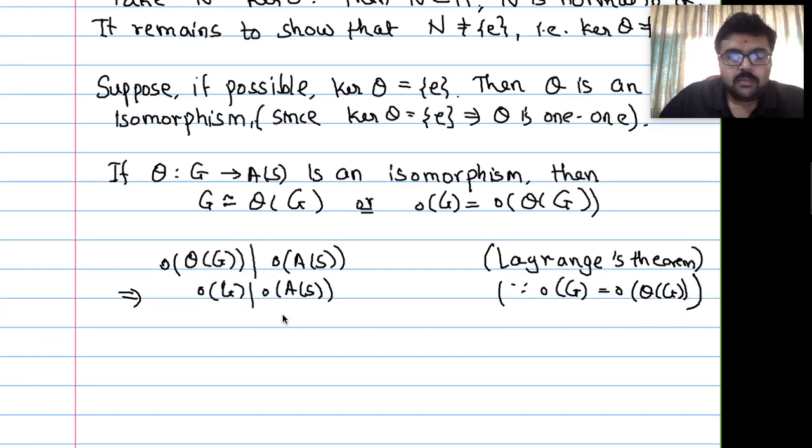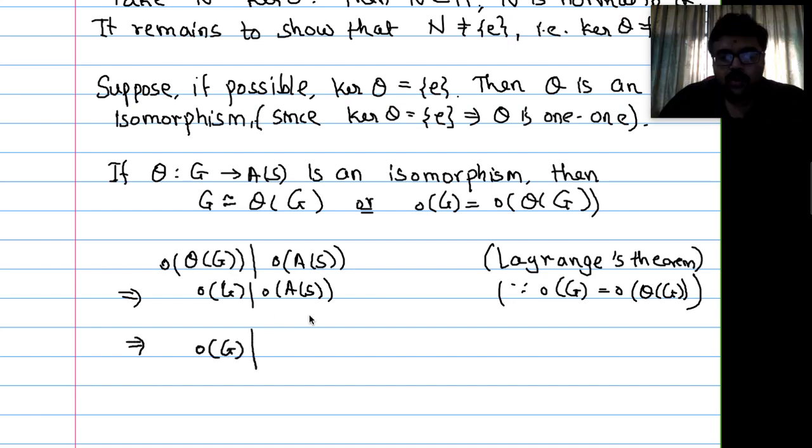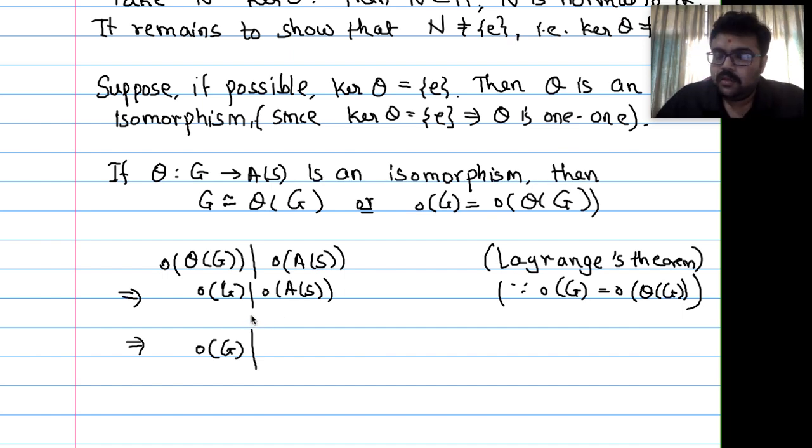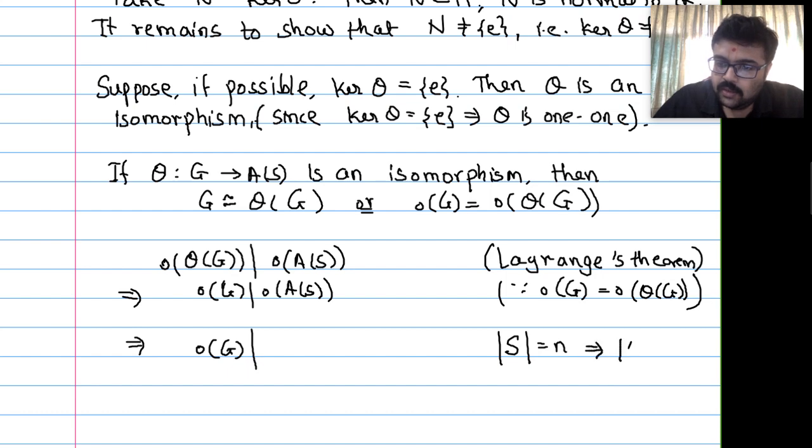Okay, so therefore order of G divides, what is order of AS? What is the order of AS? If S has n elements, if cardinality of S is n, we know that this implies order of AS is the number of 1 1 and onto functions, which are n factorial, this we know, right?